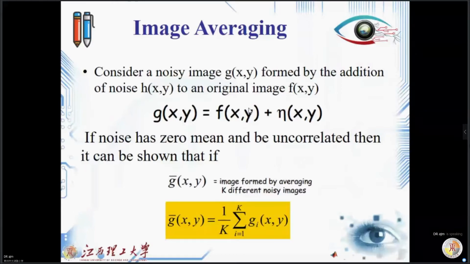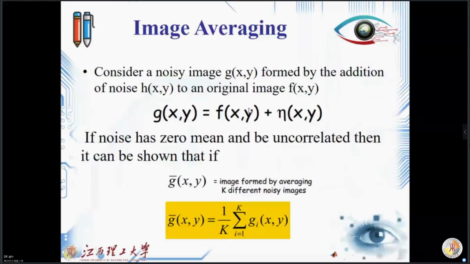Then something should come to your mind: we should search for some method to increase K. If we increase K, then you will see that the variance will decrease.